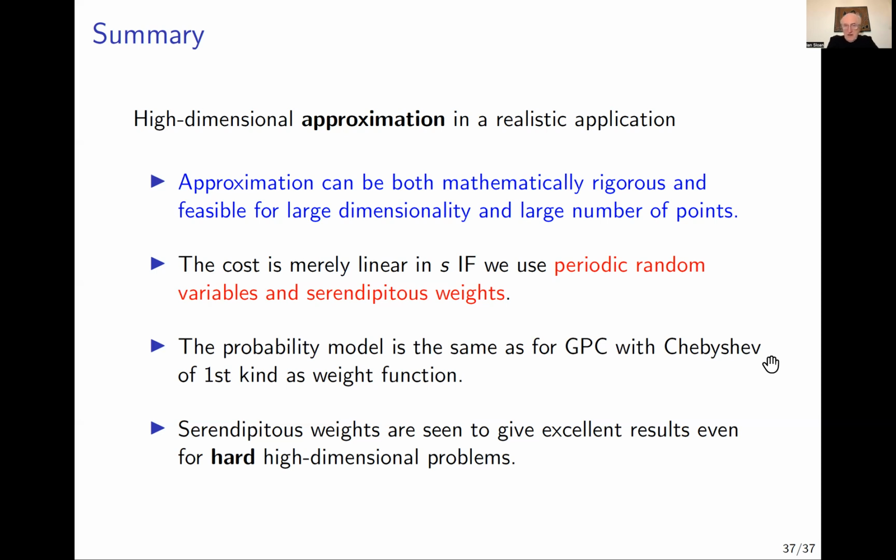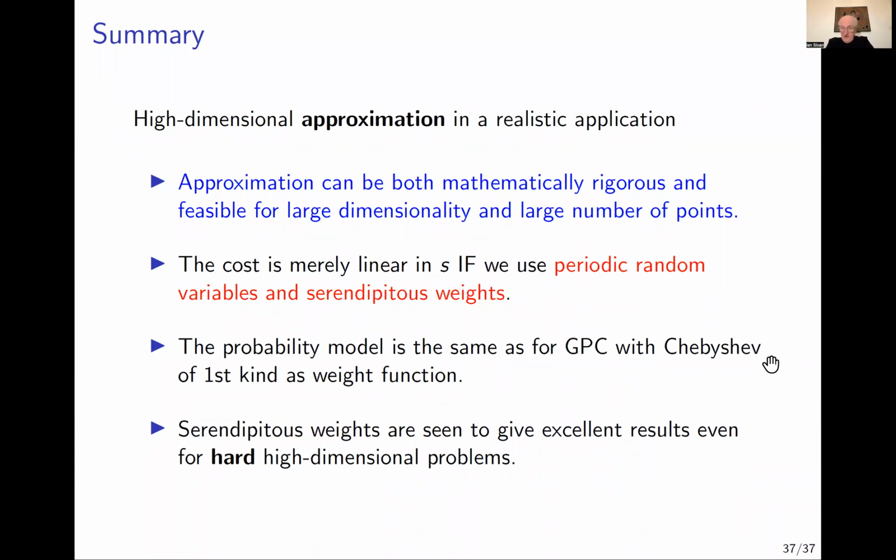We're not doing anything completely different from what's been done before, because this is the probability model. It's the same as for the underlying problem. It's the same as for GPC with Chebyshev of the first kind as our weight function. So this is actually in the recent book by Badcock and others. This is one of the two probability distributions that's talked about in the book.